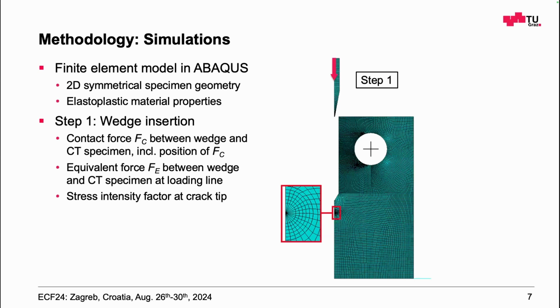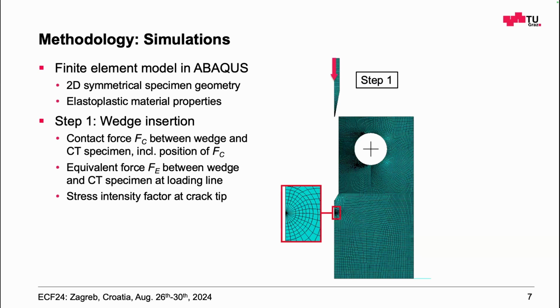Why equivalent force? Because, as I said, you have plastic deformation. So this means the contact force is not in this loading direction, which is at the center of this hole. Therefore, we have to calculate an equivalent force, which reduces the contact force to this center line.